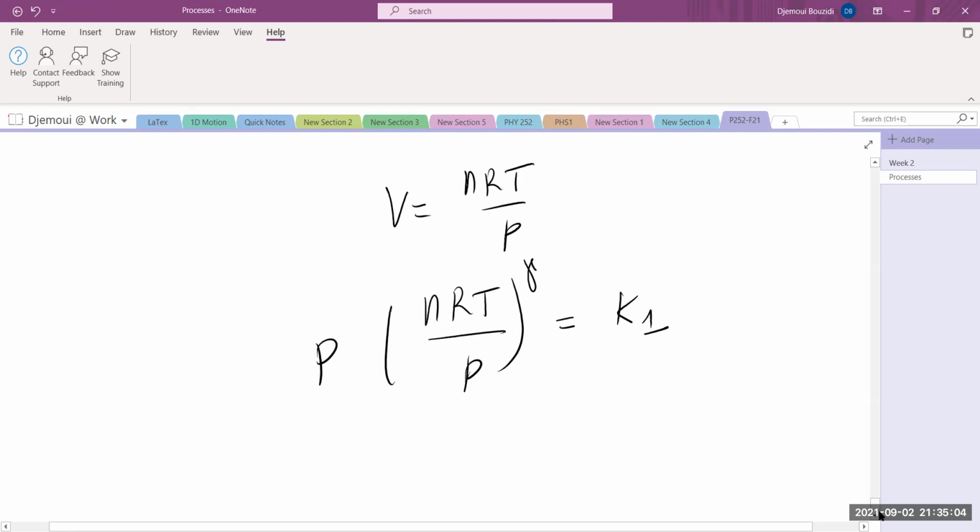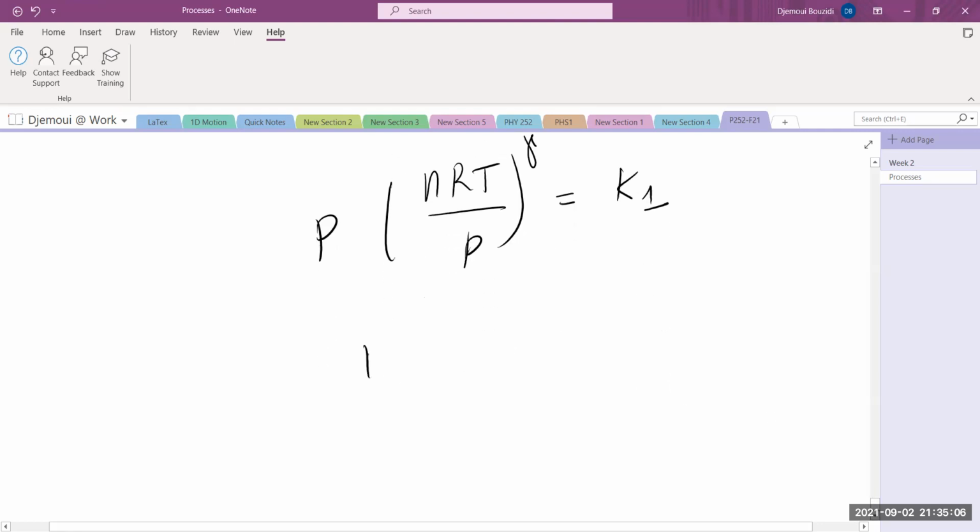Now let's rearrange these things. This is P times a constant nR to the power gamma times T to the power gamma divided by P to the power gamma, and this is equal to K1, okay? We're going to get into K3 quickly.